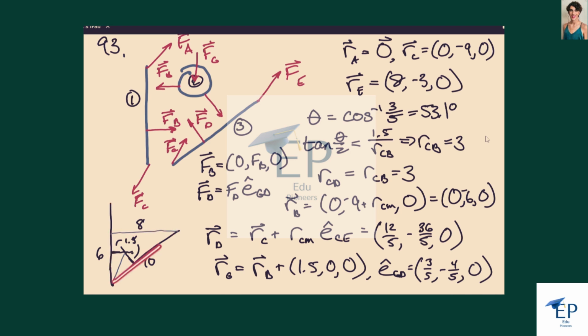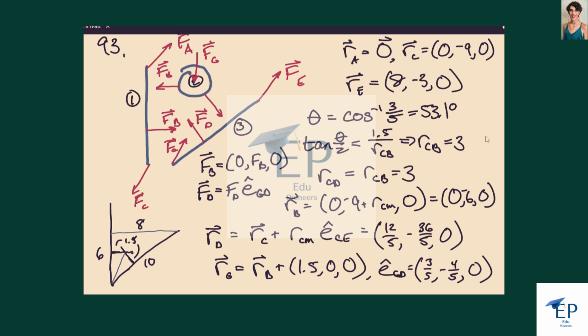And then that means that this is 10 feet. And we can then figure out what this angle is in here by taking the inverse cosine of 6/10, or 3/5. And so that gives us this angle here is 53.1 degrees.